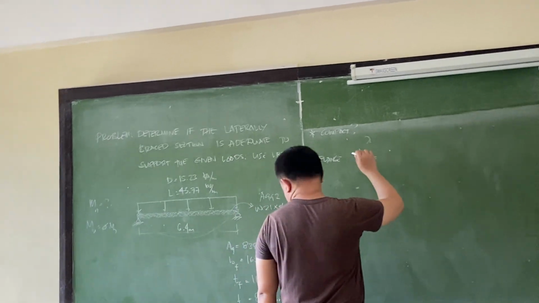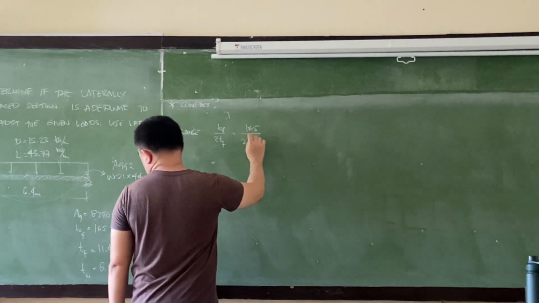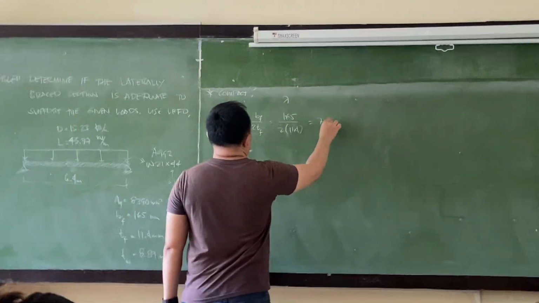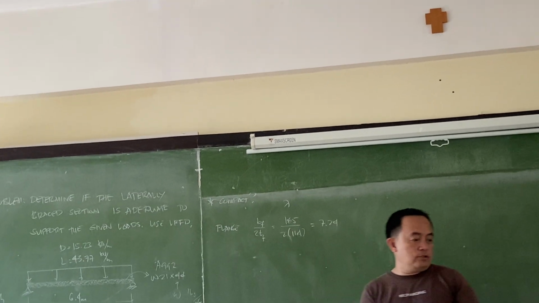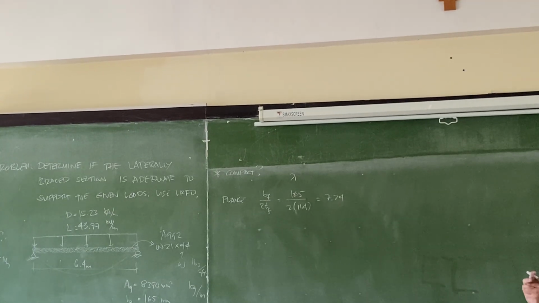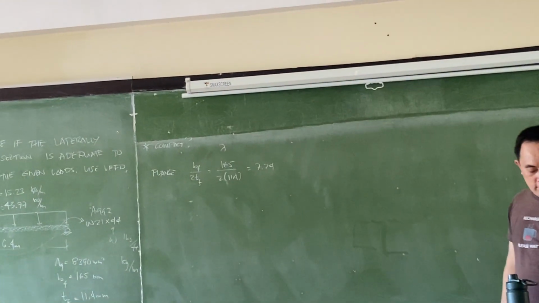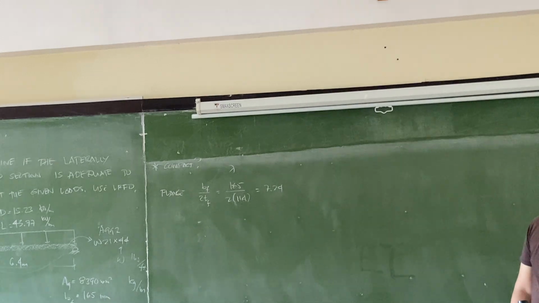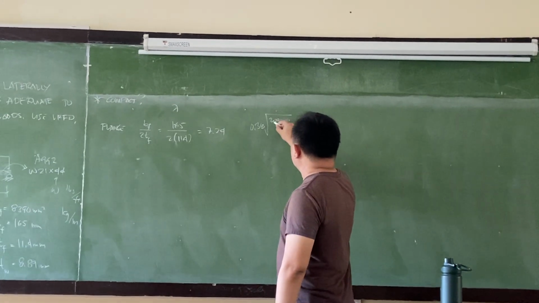So bf is 165 divided by 2 times 11.4, giving 7.24. So we need to check if it exceeds the limit, 0.38 times the square root of E over Fy.